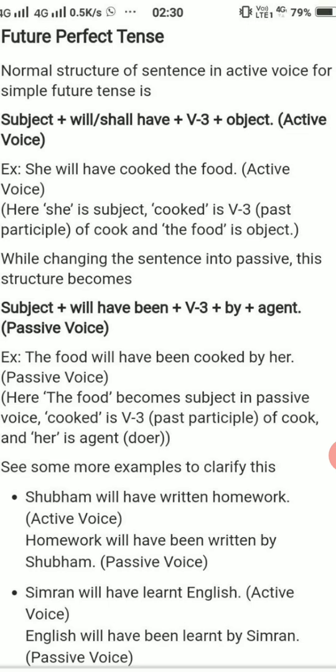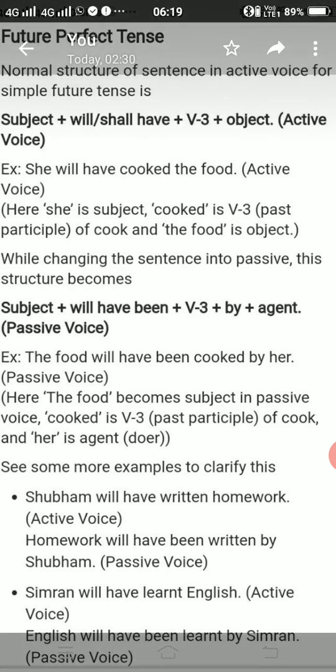So students, while changing the sentence into passive voice, what is the passive structure? Subject, then will have been plus the third form of the verb plus by plus the agent. So let's see, the food will have been cooked by her, meaning the object becomes the subject.